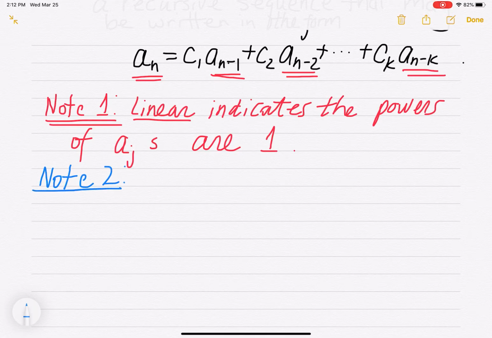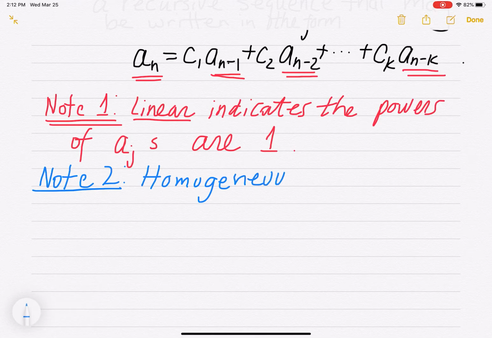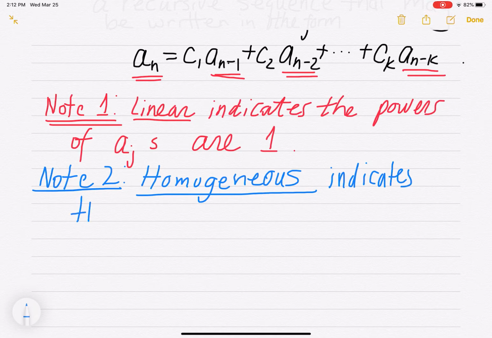Now, second note we can make. Note 2, when you use the word homogeneous, or homogeneous if you want to use that version of the word, I misspelled it. Homogeneous, this indicates there are only terms with the a_j's, those red a_j's.